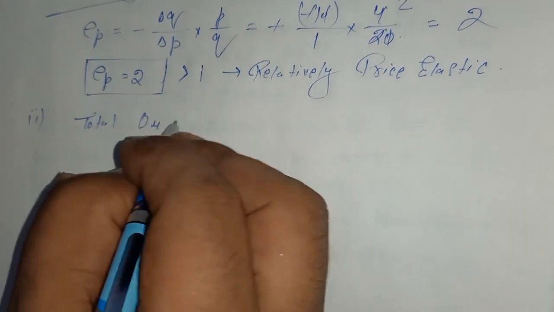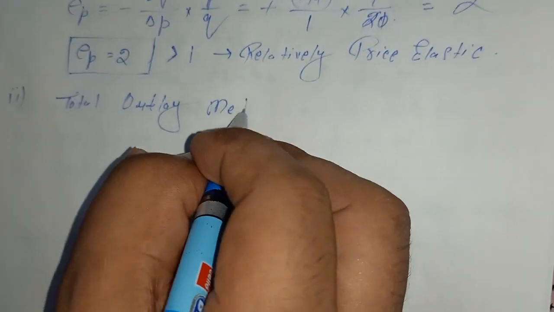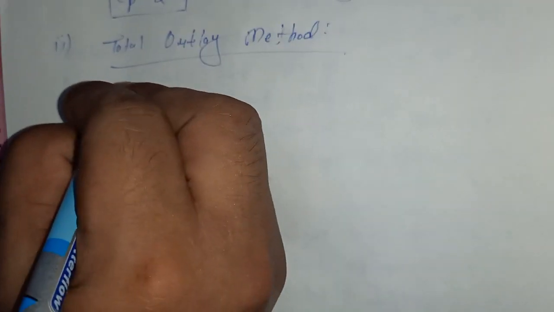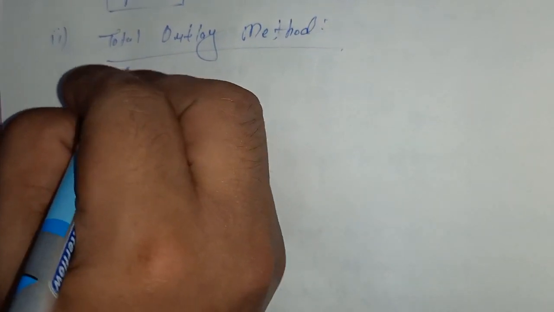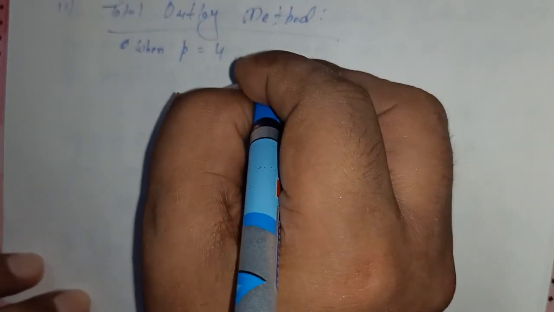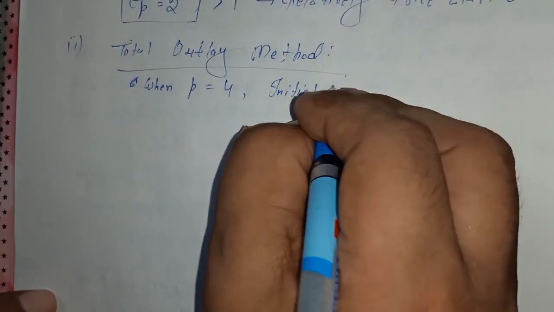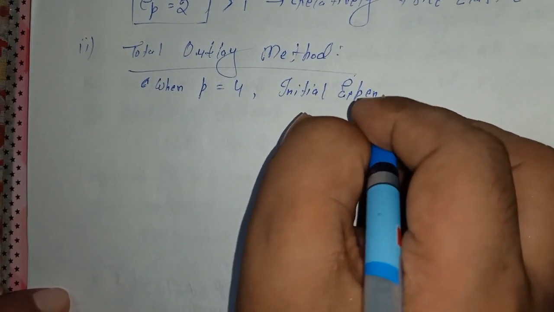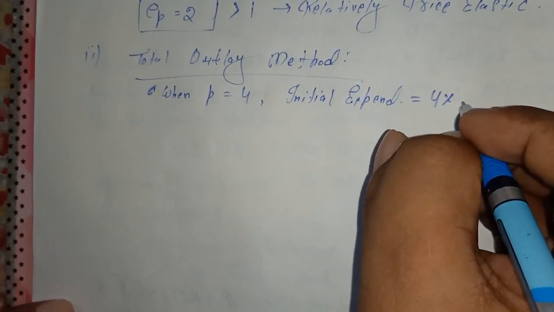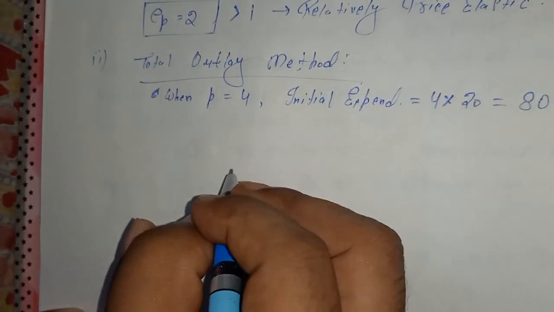Now come to the second method, that is the total outlay method. Initial expenditure, when P is equal to 4, initial expenditure is equal to P into Q, that is 4 into Q, which is 20. 4 into 20, that is 80.